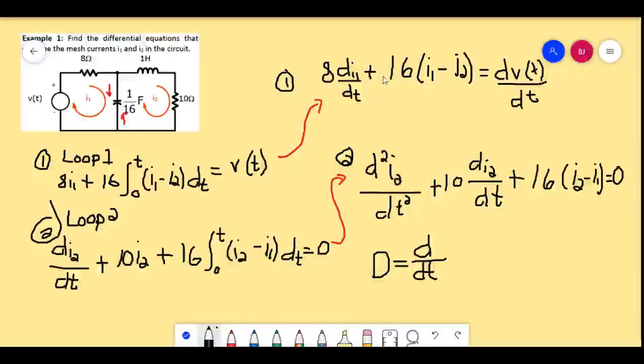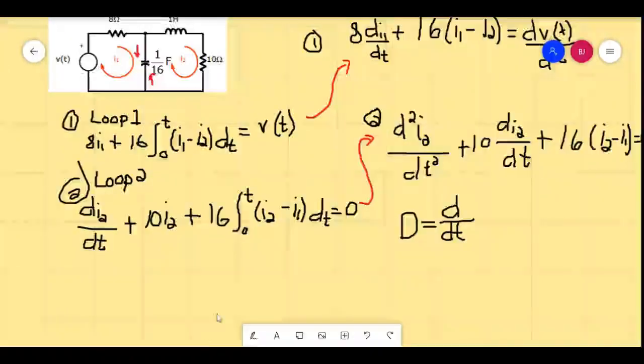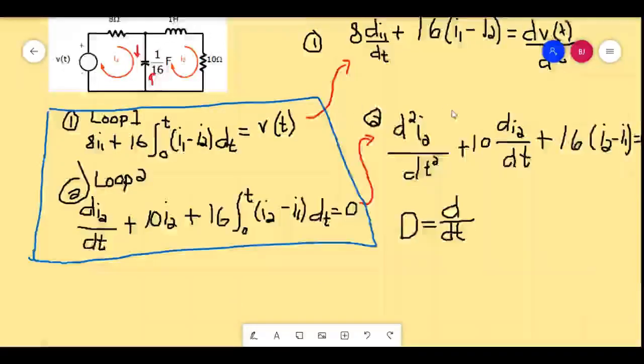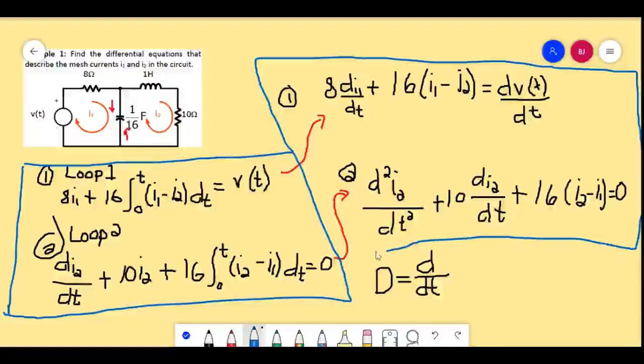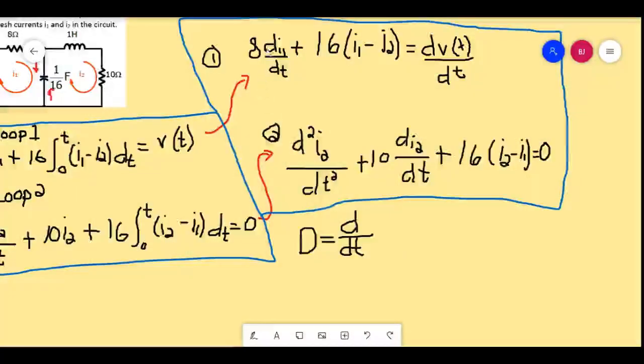So let's work on this on the first equation. 8 di1 over dt plus 16i1 minus 16i2 equal to dvt over dt. So let's move this a bit downward. Okay. So I'll try to divide the steps using this blue thing here. So this is our second step that we did a while ago. Okay. So this would now be our third step.